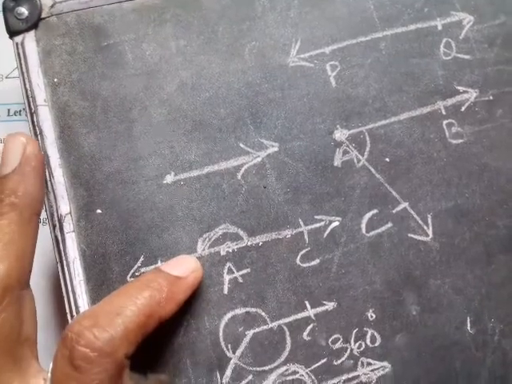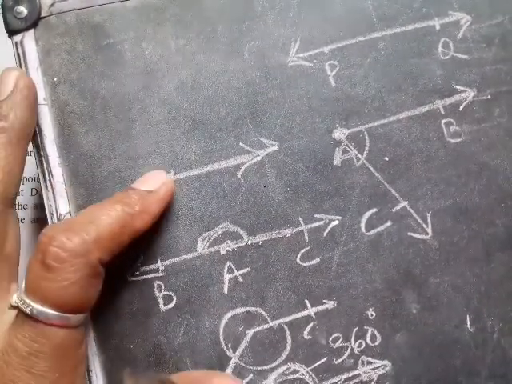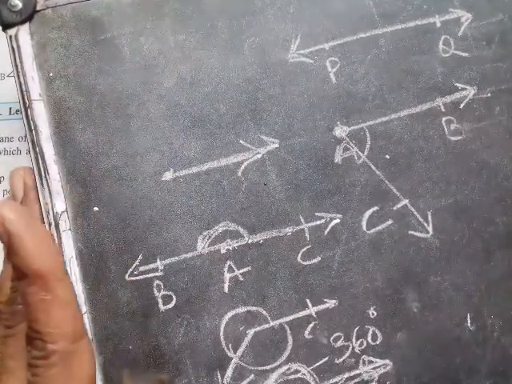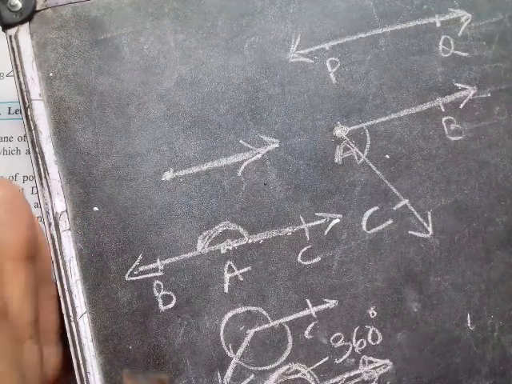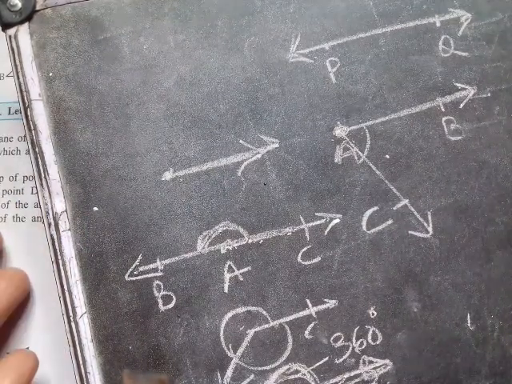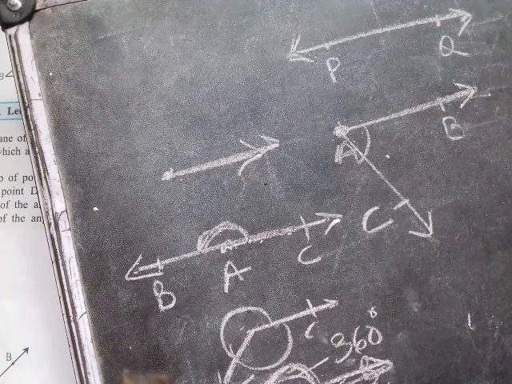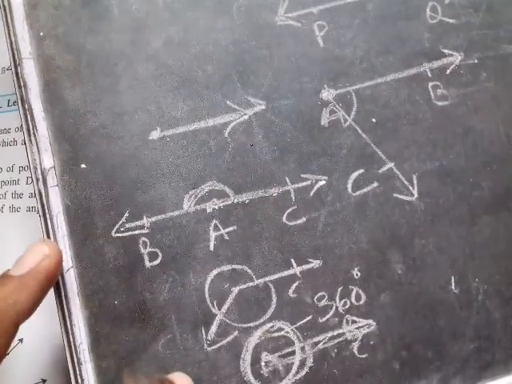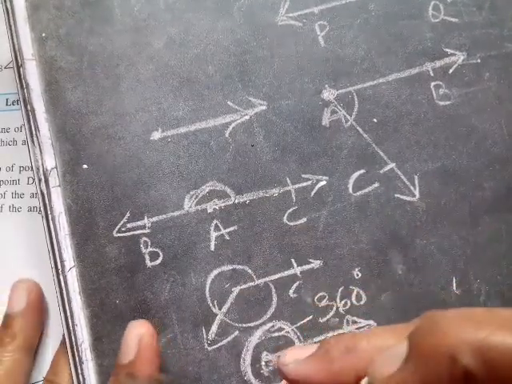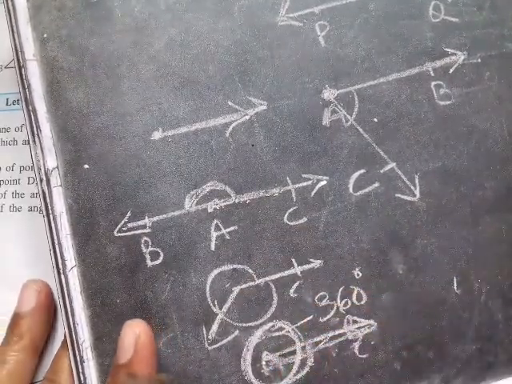Straight angle 180, zero angle 0 degrees, less than 90 acute, exactly 90 right angle, more than 90 obtuse, more than 180 reflex angle, and the complete one is 360.